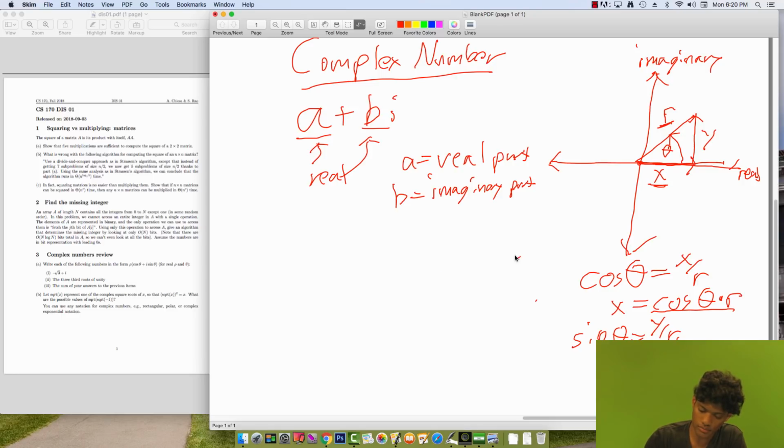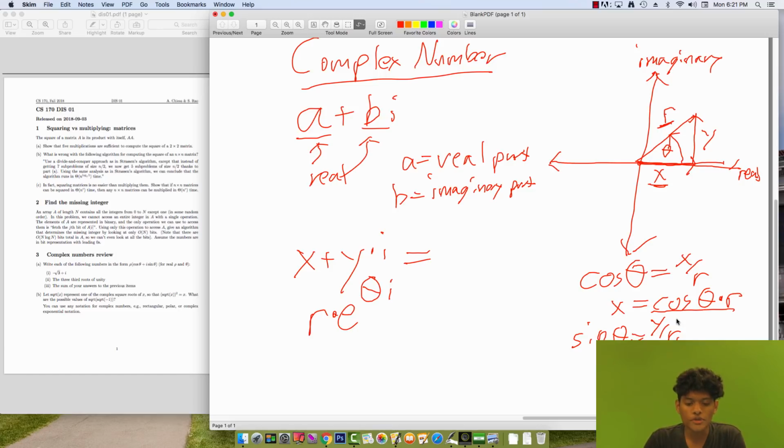We can say that a complex number is either x plus y times i, where x and y denote its position on the complex plane in terms of a rightward and upward shift, or we can define it as r times e to the power of theta times i, where r denotes the distance from the center, and theta denotes a rotation in radians from the x-axis. These two expressions are equivalent, and we know there's this relationship between x and y, where x equals cosine theta times r, and y equals r times sine theta.